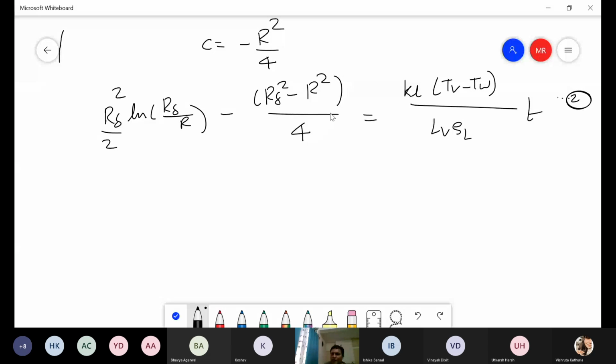So I multiply equation 2 by 2 by r square.